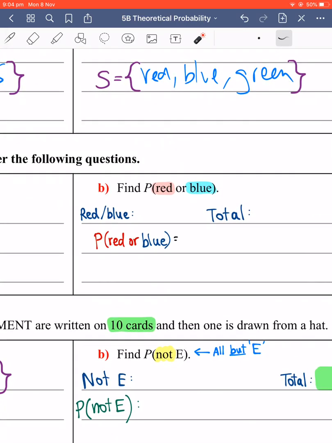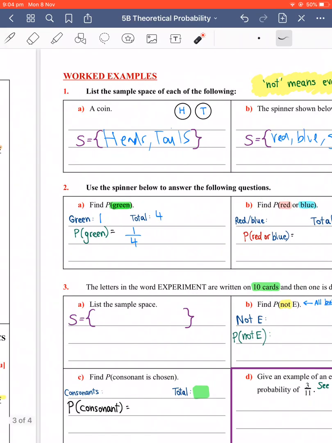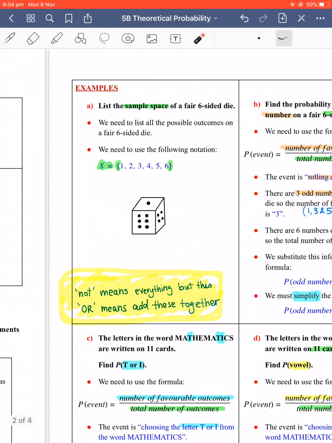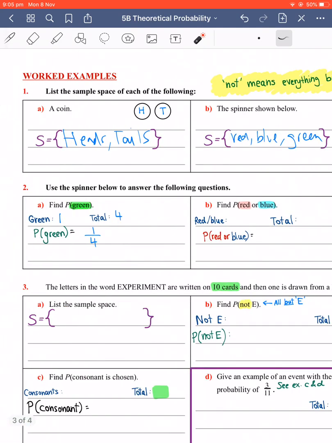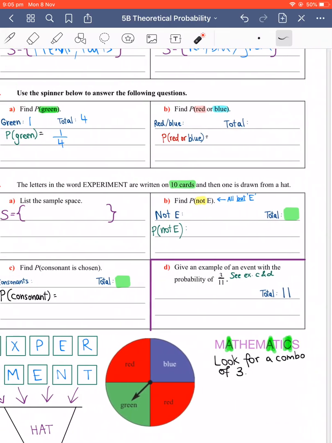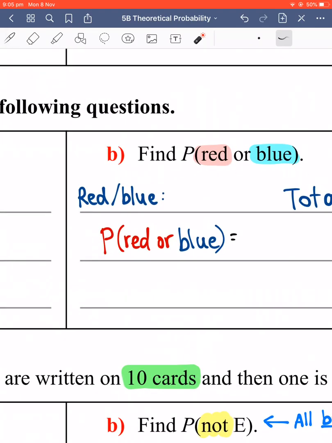Next one we have is find the probability of red or blue. When you see this word or, okay, just swiping back a little bit. When we see this word or, it means that we're actually adding those two together. So we need to know how much it is for red, and we need to know how much it is for blue. So I have red, I have 2, and then blue I have 1. So let's add those two together. So I have 2 plus 1, which gives me 3.